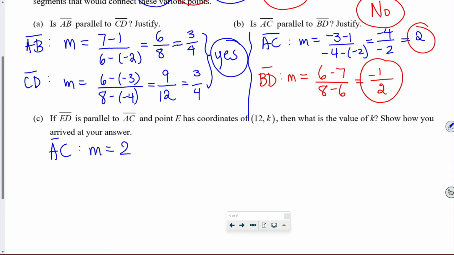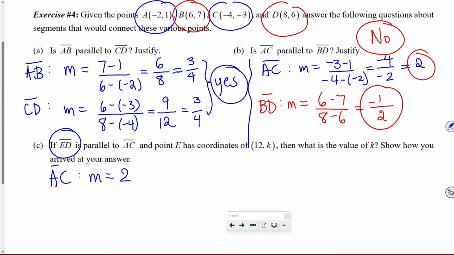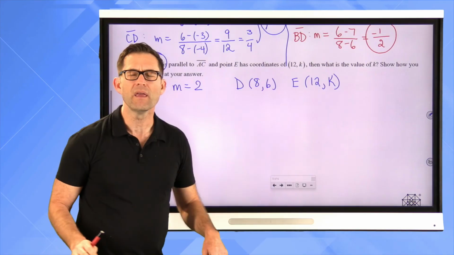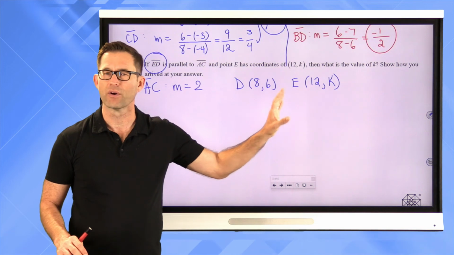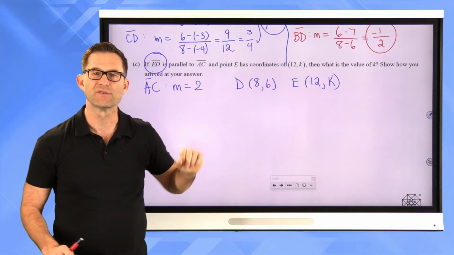Now, what about ED? Well, what do I know about ED? I know that D, let me write down D's coordinates. D is at (8, 6), and E is at (12, K). All right. So let me write an expression for the slope of DE or ED just based on these 2 points.